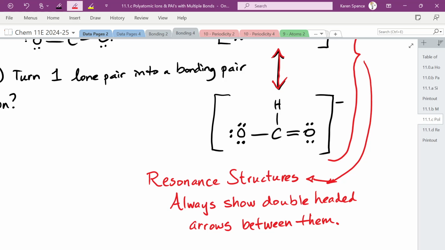And the reason for the double-headed arrow is that first it's this one, then it's that one, then it's this one, then it's that one. Boom, boom, boom, boom. Yes? First this, then that, then this, then that.